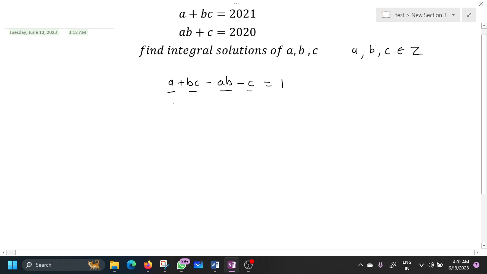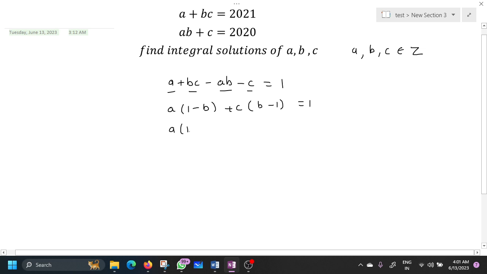Okay, factorize it in short. If we take a from a and ab, we get a(1 minus b), and then if we take c from bc and c, we get plus c(b minus 1), which is equal to 1.